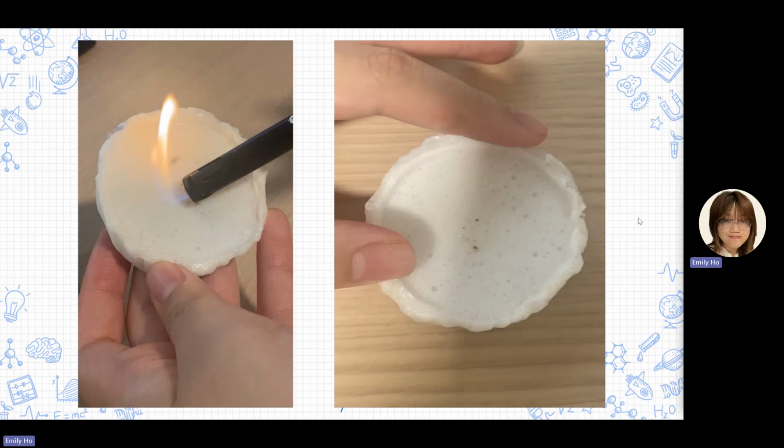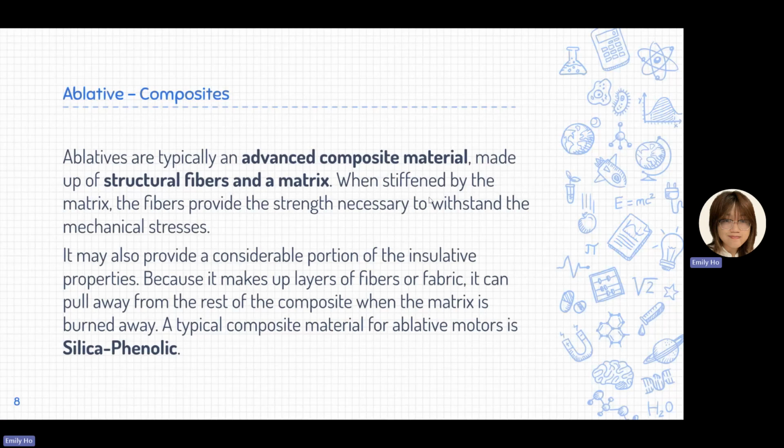I'll go on to the next slide, which explains the composites of the ablative. Ablatives are typically an advanced composite material, which is made of structural fibers and a matrix. When stiffened by the matrix, the fibers provide the necessary strength to withstand the mechanical stresses. The matrix acts like the glue to hold the fibers together and protects the fiber.